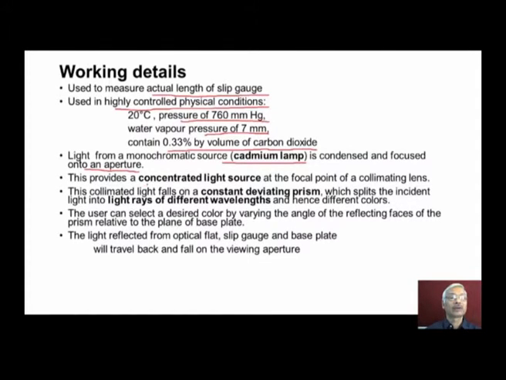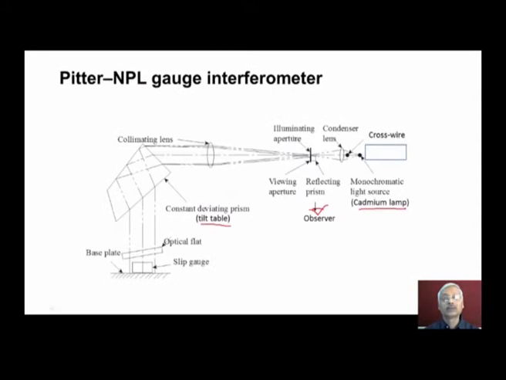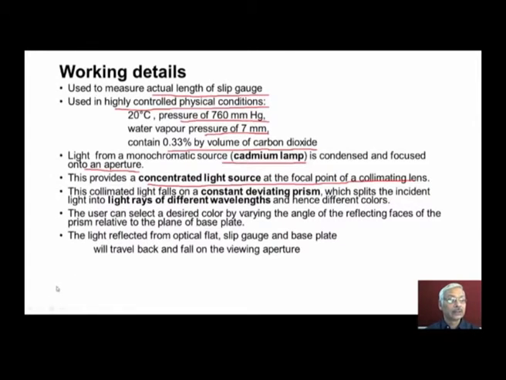aperture provides a concentrated light source at the focal point of a collimating lens. So we can see here this is the collimating lens and this is the focal point. So we get the condensed light at this particular point. The collimated light falls on the constant deviating prism, which splits the incident light into light rays of different wavelengths and hence different colors.